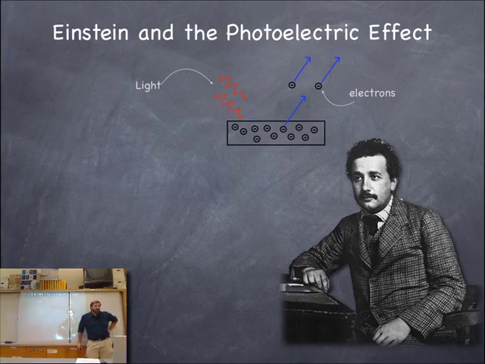And so what Einstein comes up with is a sort of fundamental relationship between the energy and the speed of the light. Okay?